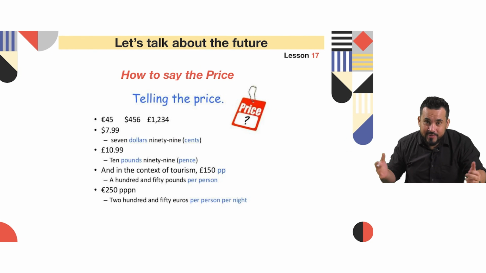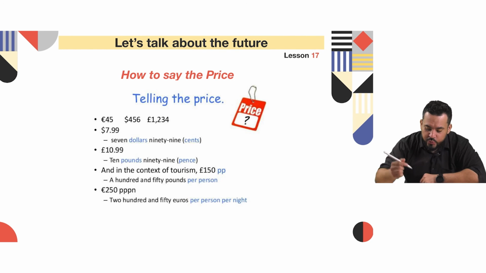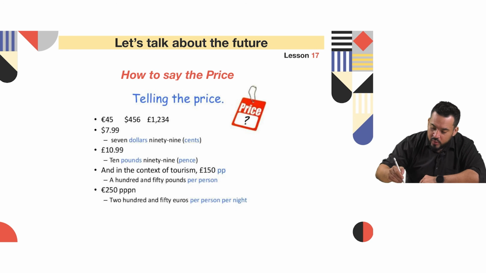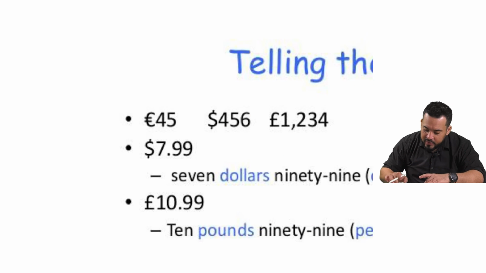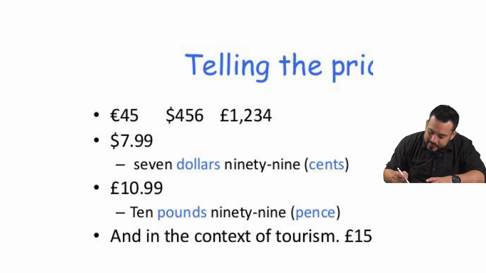Okay, so let's practice some prices and how to say those prices. Let's highlight it better. So this is going to be number one, and this is going to be number two.